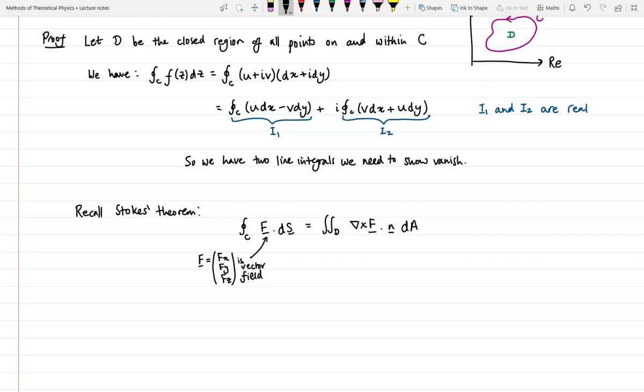Now Stokes' theorem relates the integral of the curl of the vector field on the right hand side over the surface D to the line integral of the vector field around the surface boundary C.